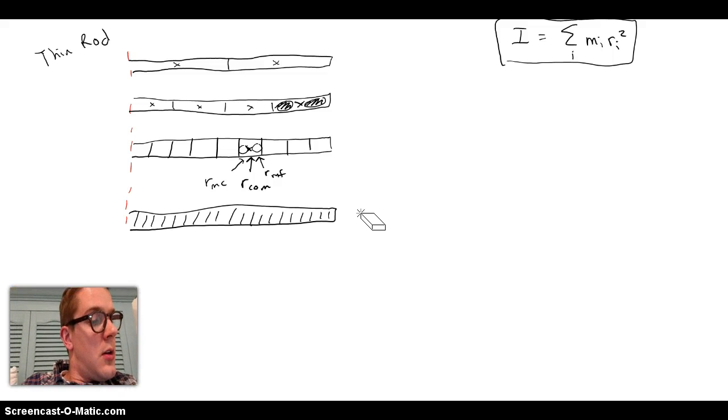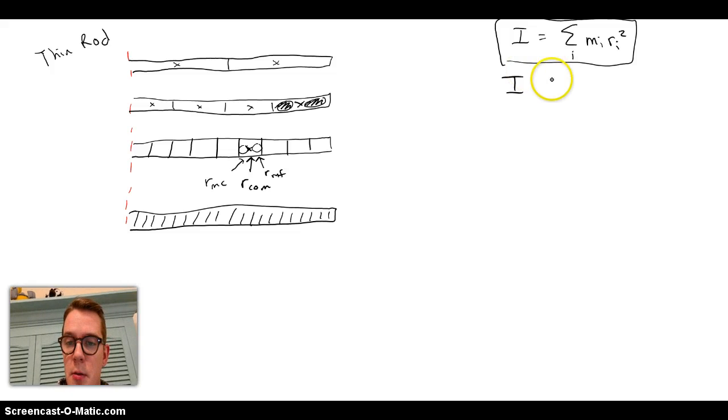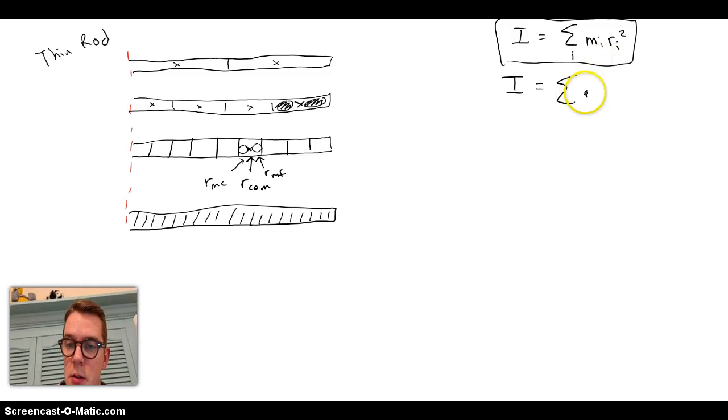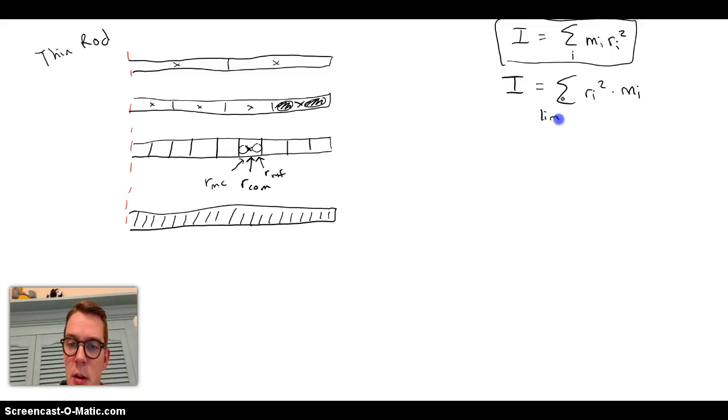So I'm just going to take my equation and turn it around, and just say Ri squared times the mass, like that. And I want to take the limit as these little chunks of mass approach 0.